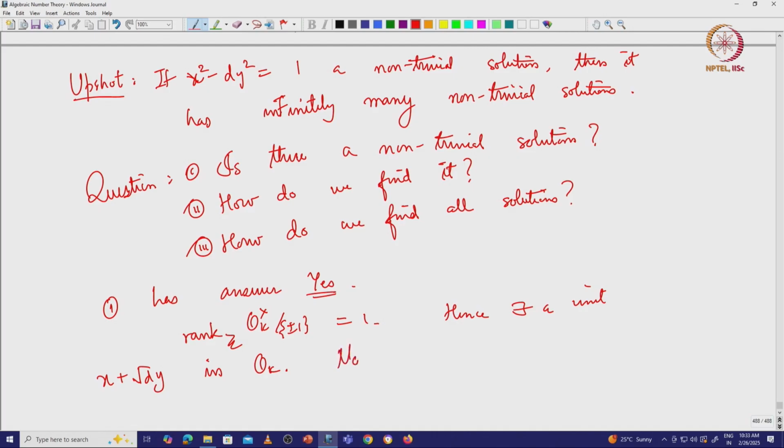And so, the norm of this thing, x plus y square root of d, is 1 or minus 1. We are not sure which one it would be. Nevertheless, if you take the norm of (x plus y square root of d) whole square, this will be 1, and that will give you your solution. So, hence the answer to the first question is yes.